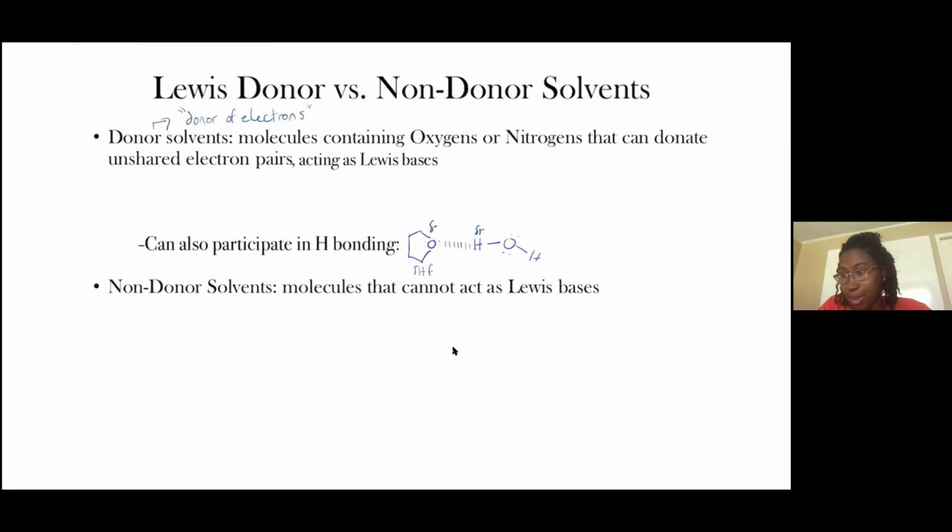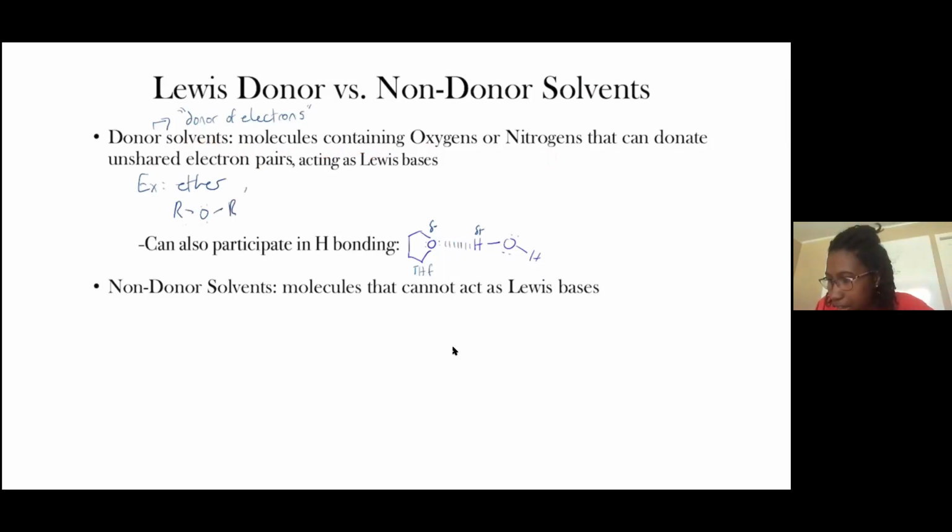So I made sure to draw up the little definition here so that you don't get confused. Anyhow, a donor solvent is a molecule that has an electronegative atom, such as oxygen or nitrogen, that can donate unshared electron pairs and act as a Lewis base. Some good examples of a donor solvent include ether, which is just generically ROR, and we can see that there's that oxygen there with its 2 lone pairs.